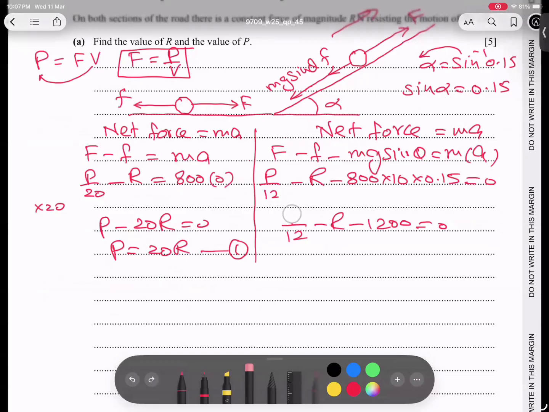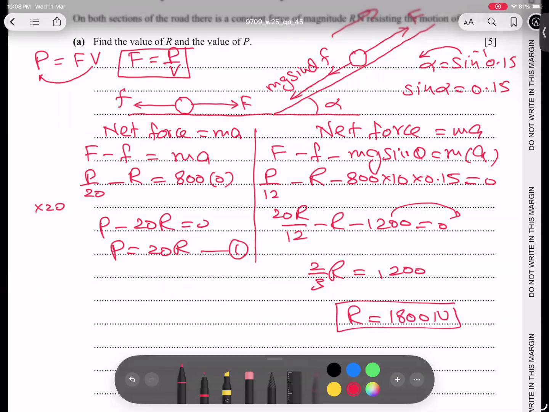When I replace 20R here, 20 divided by 12 will give us 5 by 3, and 1 subtracted. So 5 by 3 minus 1, I get 2 by 3 R. 2 by 3 R, and 1200 goes to the other side. From here, I can easily get 1200 times 3 divided by 2, and I got the R value: friction force is 1800 Newton.